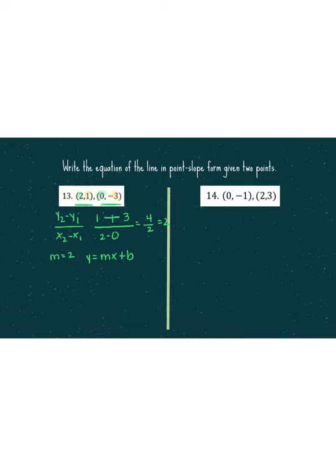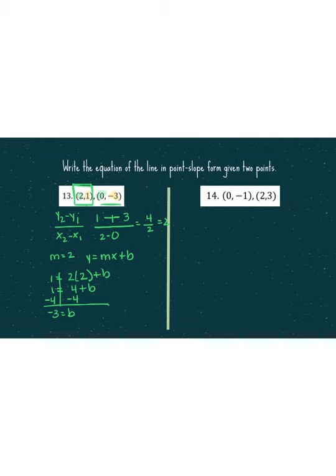Remember, I don't like to work with negative numbers, and I see I have a negative 3 in my second set, so I'm going to stick with these two right here. So y1 equals my m times my x, so times my 2, plus b. 2 times 2 is 4, plus b equals 1. To get rid of that plus 4, I'm going to say minus 4, minus 4. So negative 3 equals b.